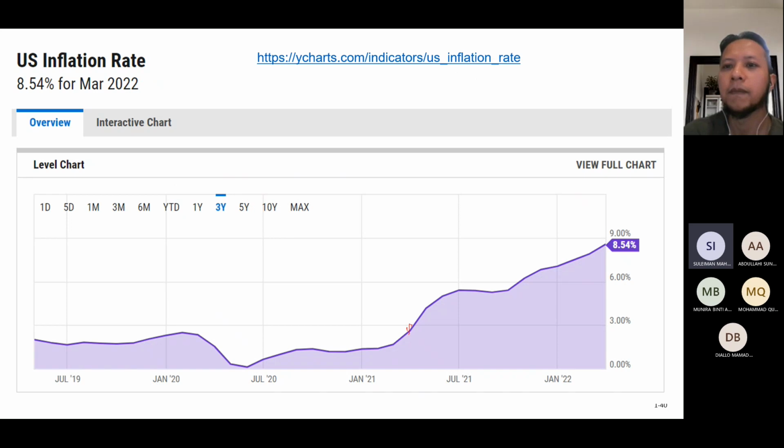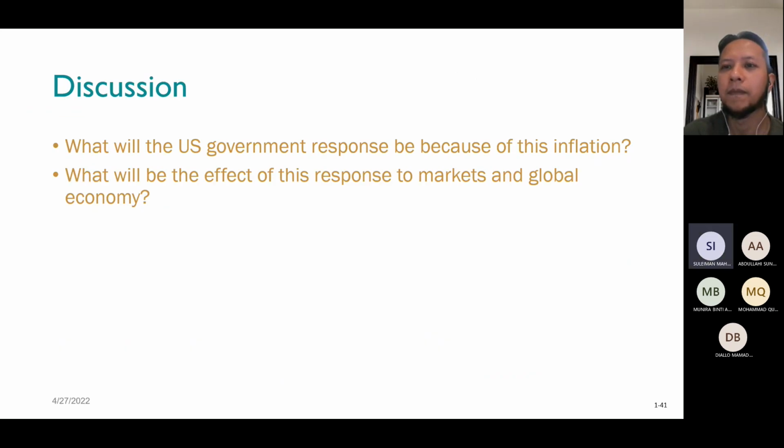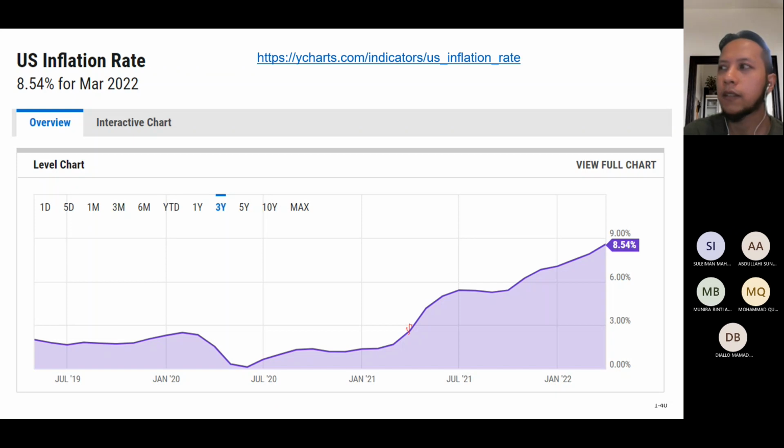Maybe they can use price control. Okay, so they control the prices. But the US government doesn't intervene in the market, so they don't do price control.